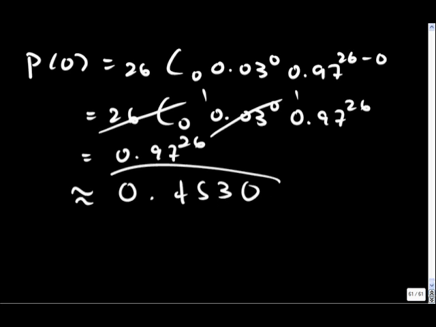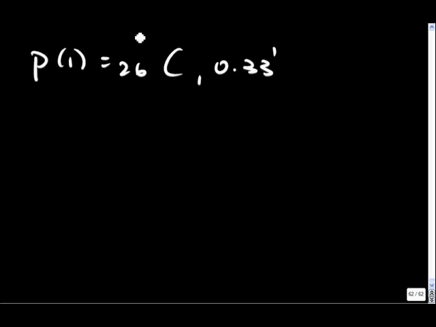This is P of 0. P of 1 is 26C1, 0.03 to the 1. Excuse me, this is not the question we are answering.